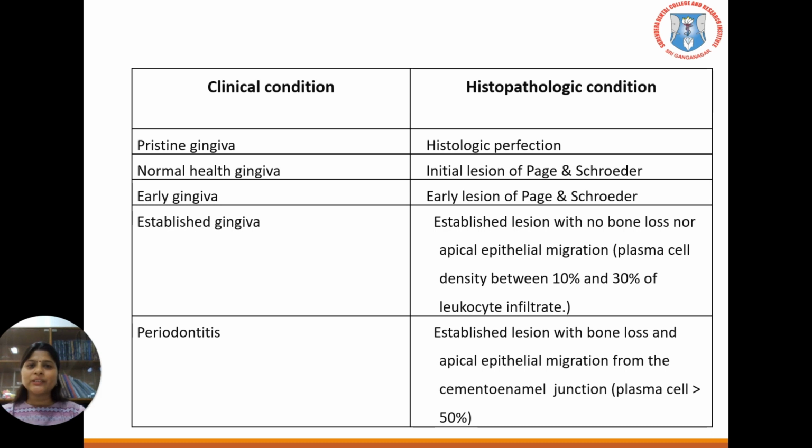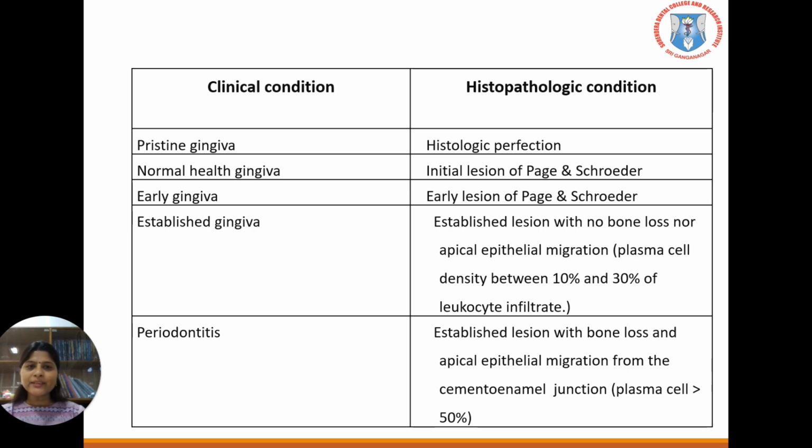It is called the initial lesion, that is, histologically the inflammatory changes are present, as given by Page and Schroeder. Then these initial changes worsen and transform into the early lesion, called early gingivitis, and then comes the stage in which there is the establishment of chronic gingivitis, but still there is no bone loss and no epithelial migration, and this is called established gingivitis. Then this established or chronic gingivitis remains stable.